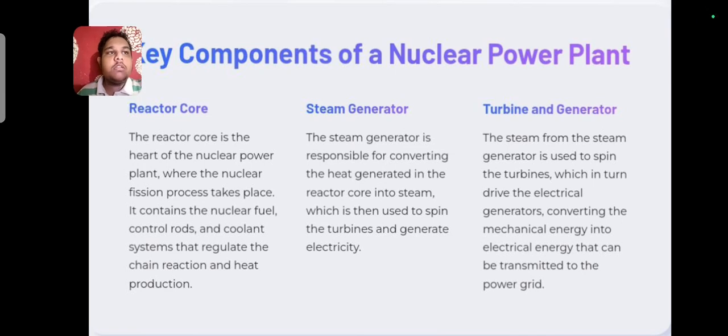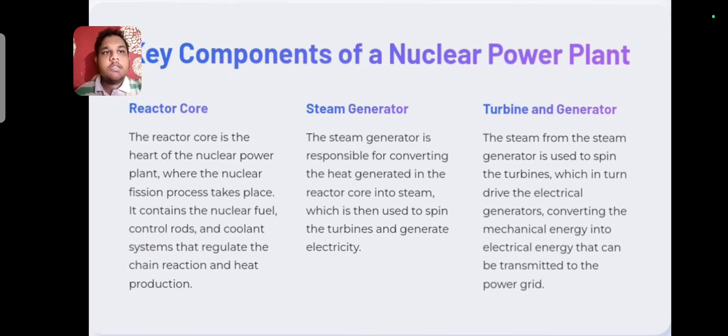Components of a nuclear power plant. Reactor core. The reactor core is the heart of the nuclear power plant where the nuclear fission process takes place. It contains the nuclear fuel, control rods, and coolant systems that regulate the chain reaction and heat production. Steam generator.